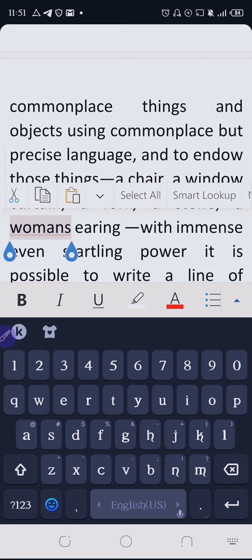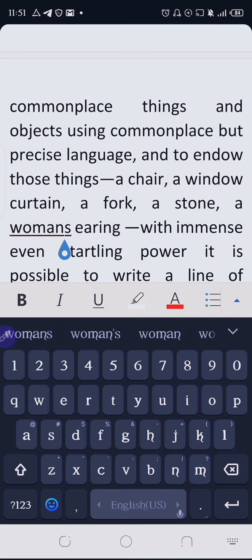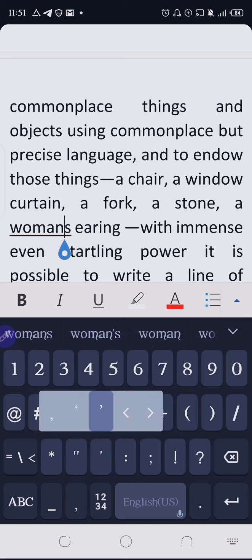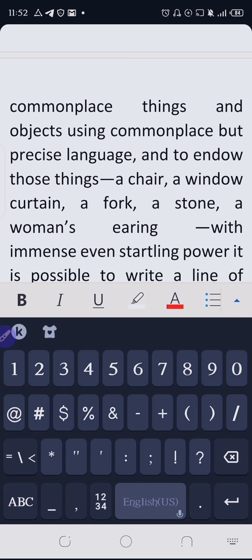We definitely know that the plural of woman is women, not woman's. So this is supposed to be a possessive, right? So let's put the apostrophe S so that we have a woman's hearing. But here we have it as hearing.